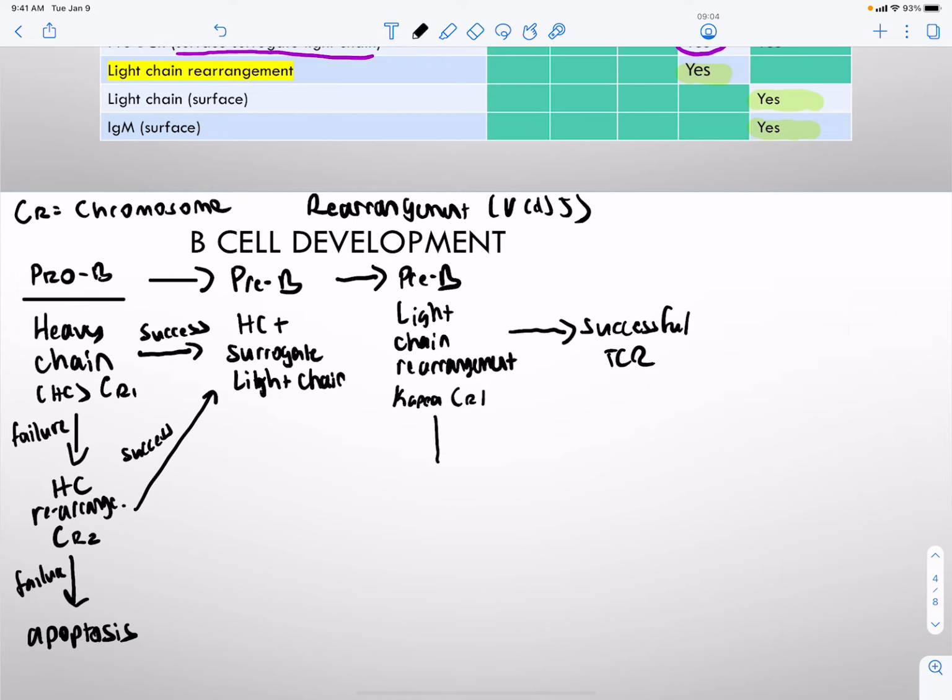If it's a failure, it's going to go on the kappa chromosome 2. And again, if it's successful, it goes here.